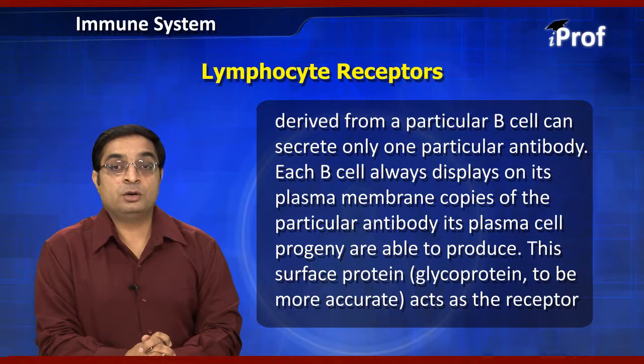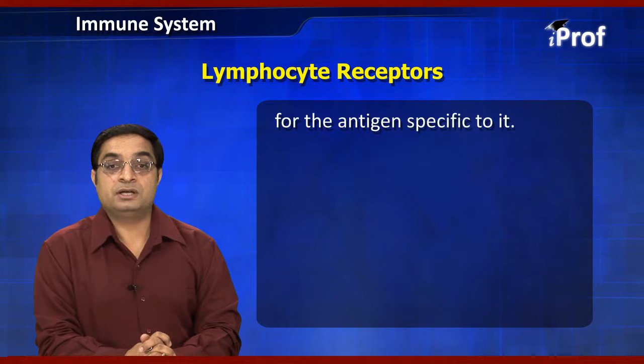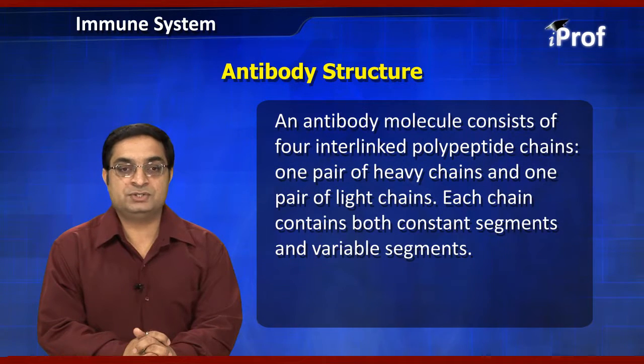Each B cell always displays on its plasma membrane copies of the particular antibody its plasma cell progeny are able to produce. This surface protein, that is glycoprotein, acts as the receptor for the antigen which is specific to it, also called constant region and variable region.